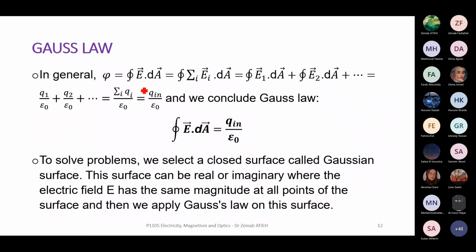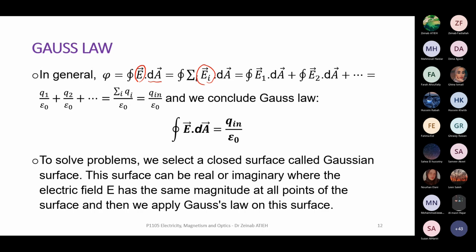If I have an element of area dA crossed by an electric field E, this electric field E may be coming from different charges inside. So what is E? E is the sum of the electric fields coming from the different individual charges found inside the surface.